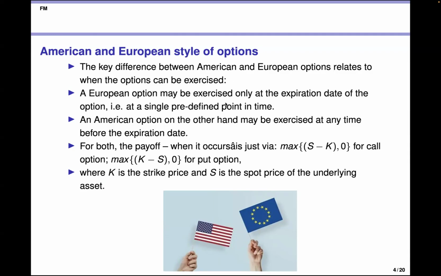The key difference relates to the moment when the option can be exercised. European options, you know already, may be exercised only at the expiration date. You remember we saw the Nasdaq site, and we can choose the date of expiration, for example, 15th of April or 10th of February.